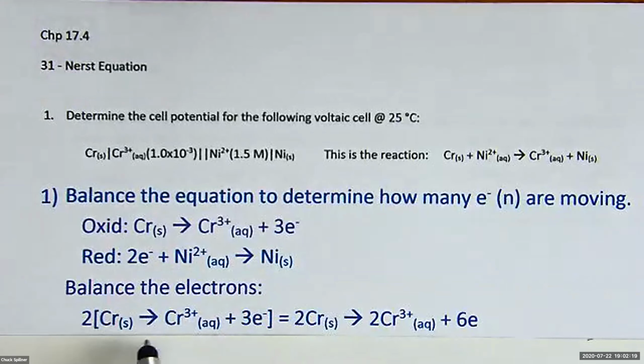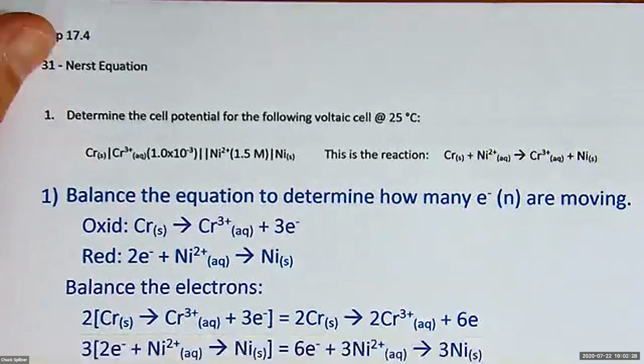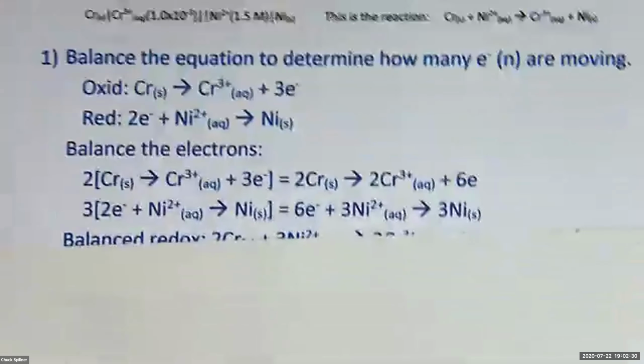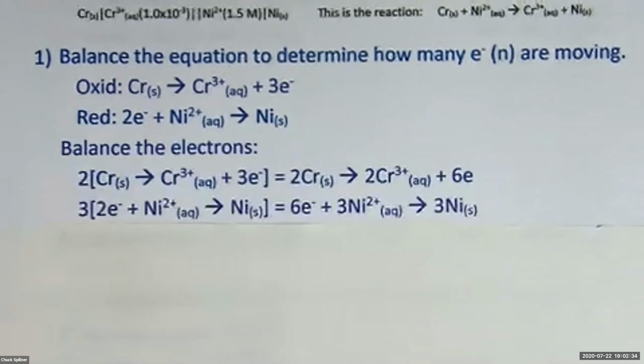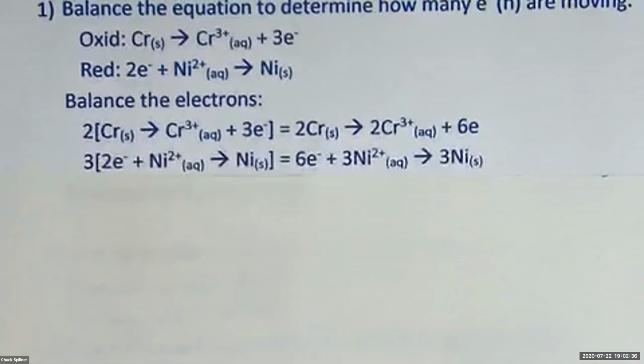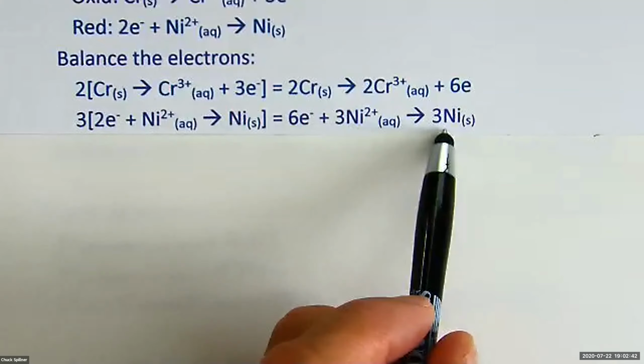So we'll multiply the chromium oxidation by 2. We get 2 chromium going to 2 chromium 3 plus 6 electrons. And we multiply the nickel 2 plus half reaction by 3. So we get 6 electrons plus 3 nickel 2 plus ions going to 3 nickels.